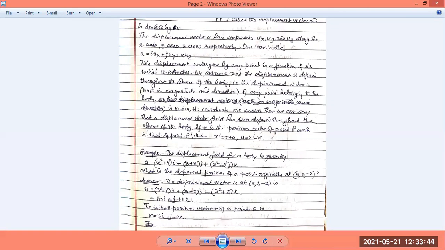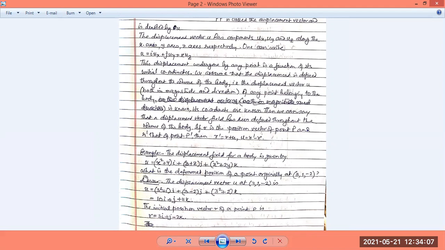A problem is given. What is given in the problem? That displacement vector u is given. So the components ux, uy, and uz of this displacement field are given here in terms of x, y, and z itself. The original position of the point was given.